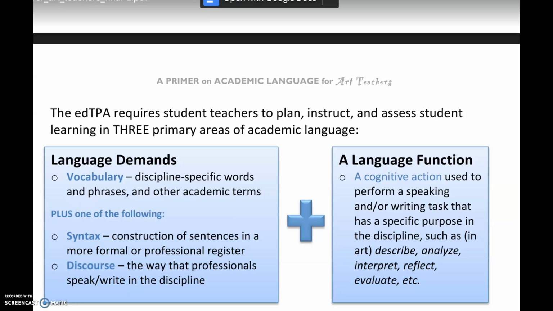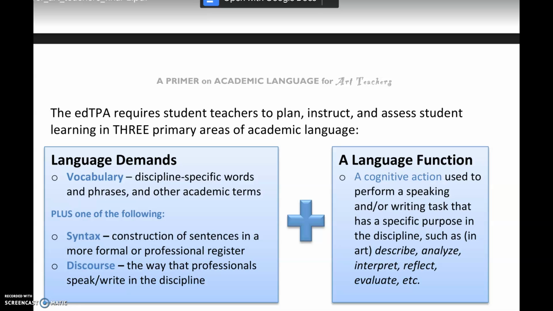And then discourse is just the way that we are speaking or writing in the discipline. Are we writing an argument? Are we having a group discussion? Or it's the way that the material is being written or spoken.